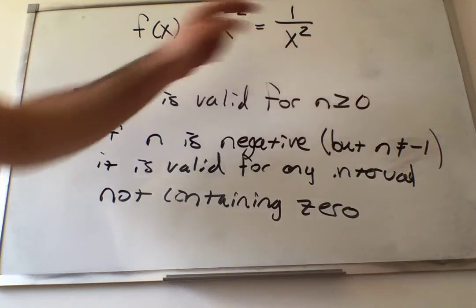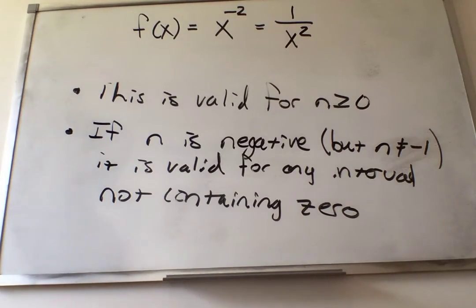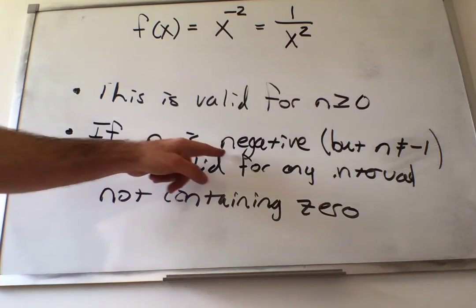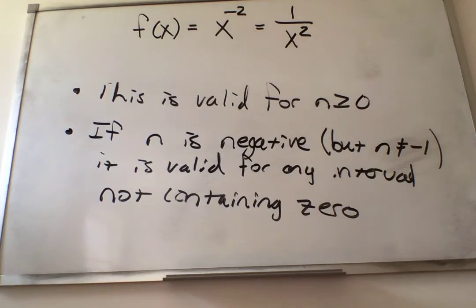The domain of this function here is everything from negative infinity to positive infinity except for 0. Anytime n is negative, you're going to run into this problem where it is not defined at 0, therefore you cannot find the integral on an interval containing 0.